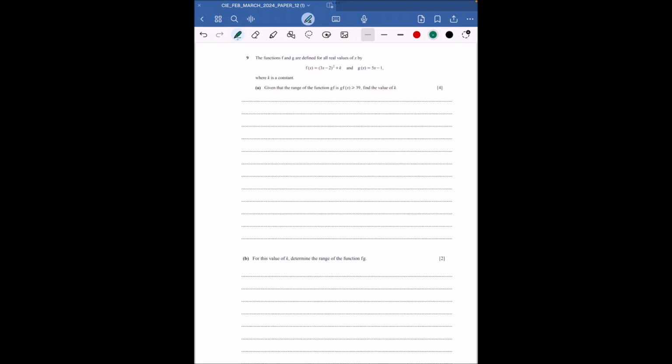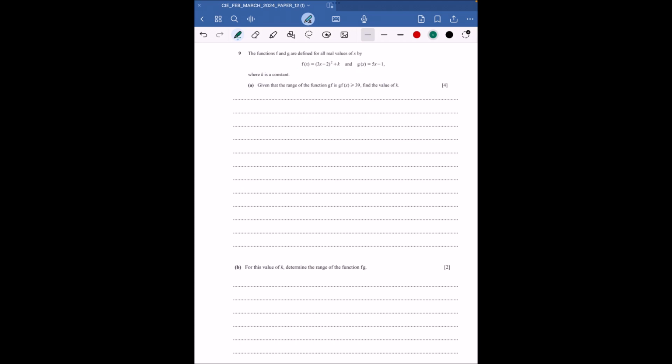Number 9, functions. The functions f and g are defined by, so this is a quadratic equation. The vertex is this. Given the range, the range of a quadratic is determined by the y vertex.